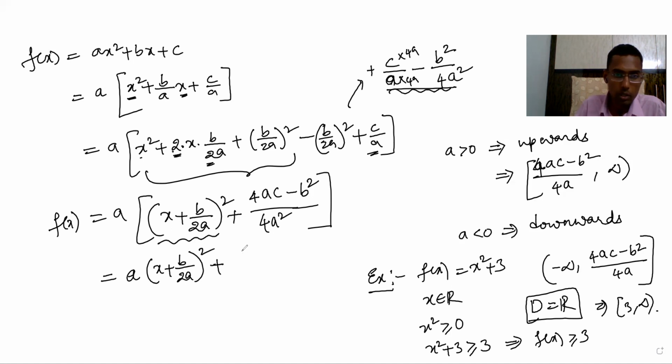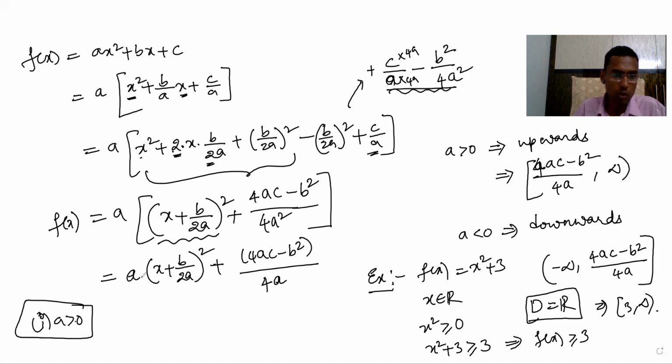Then plus 4ac minus b square by 4a, because a we are multiplying. Here, case 1 is a greater than 0. When a is greater than 0, this is positive, so this is greater than or equal to 0. Plus this.